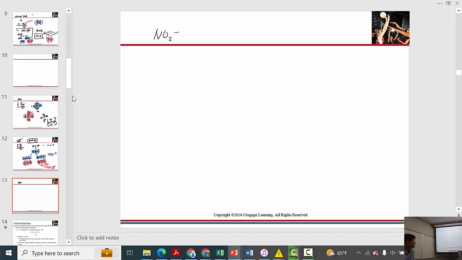NO2 minus. So nitrogen has how many? And then we have 2 oxygens. And then a -1 charge. A -1 charge means we add or remove? We add.